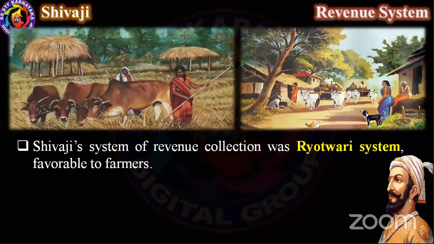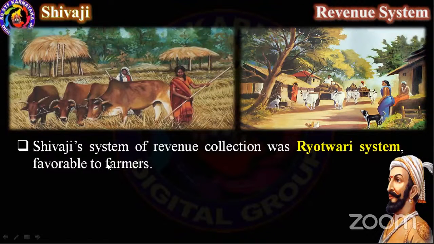He didn't allow any brokers or middlemen to collect the tax, because he knew that middlemen and other officials tortured the farmers at the time of collection. Therefore, he gave freedom to the farmers to pay tax directly to the government.